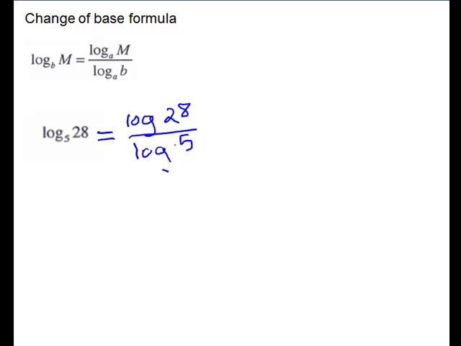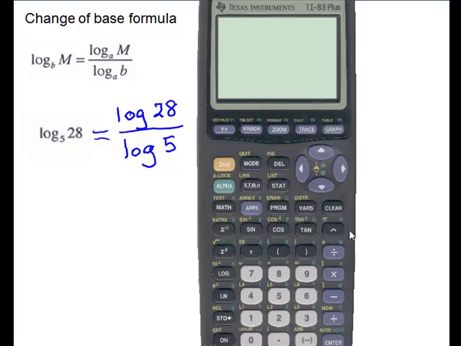And then this can go into your calculator, and these problems will usually say evaluate to 4 decimal places, and they can tell you whether to use common logs or natural logs. If they don't say, then it's your choice. So let's enter this into our calculator.